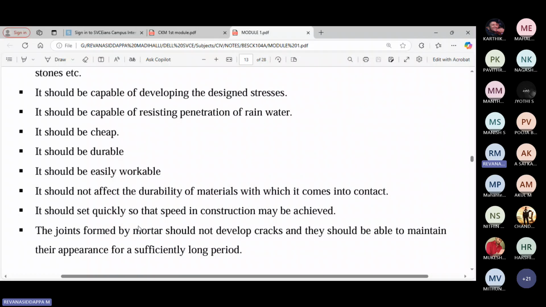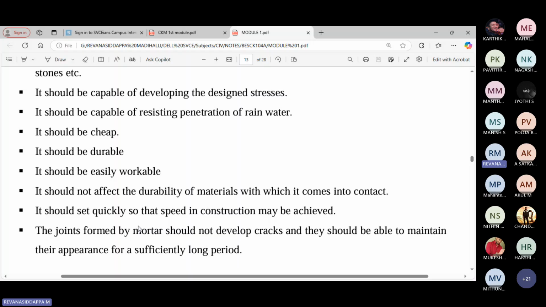Unless the mortar gets set, we cannot proceed to the next phase of the construction. For example, if you are laying one layer of bricks using mortar, it should get sufficient hardness.